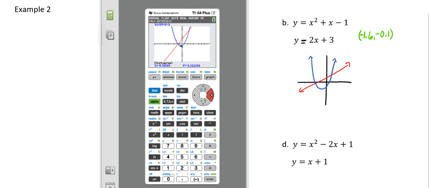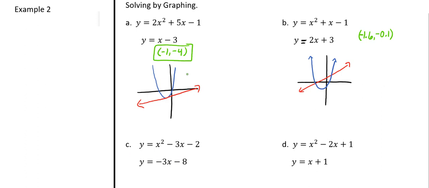We'll hit the first one, our second line, and guess, and we're going to get about 2.6 and 8.1. So we're going to have solutions of -1.6, -0.1 and 2.6, 8.1.